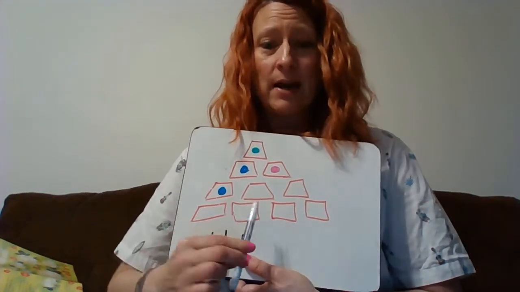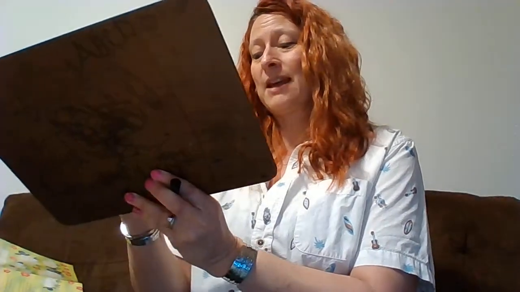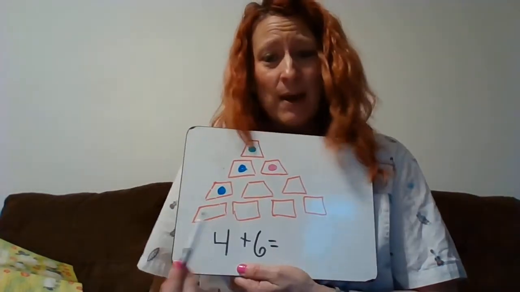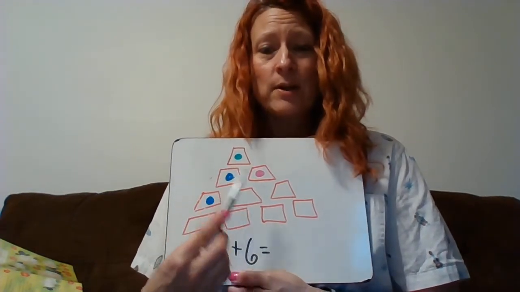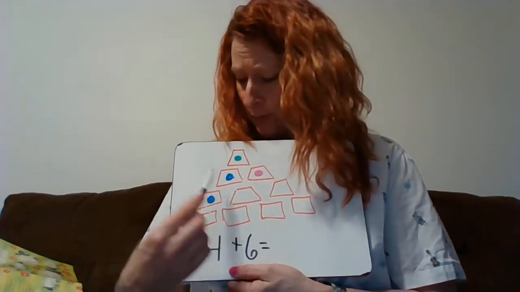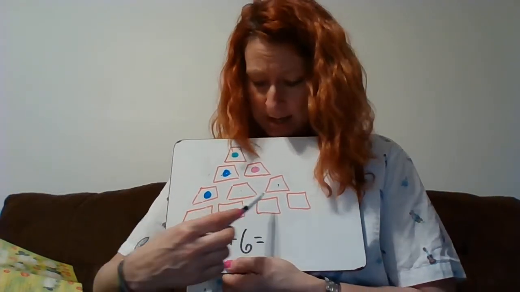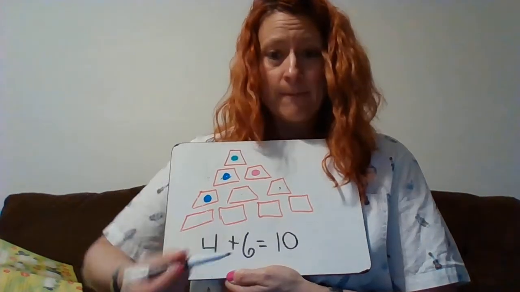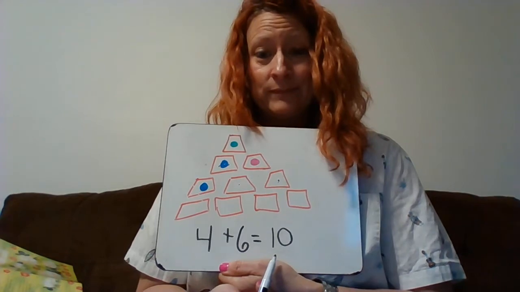And how many do not have spots? 1, 2, 3, 4, 5, 6. So I have 6 that do not have spots. I need to know how many blocks I have all together. So I have 4 plus 6. We count 1, 2, 3, 4, 5, 6, 7, 8, 9, 10. So my answer is 10. 4 plus 6 equals 10.